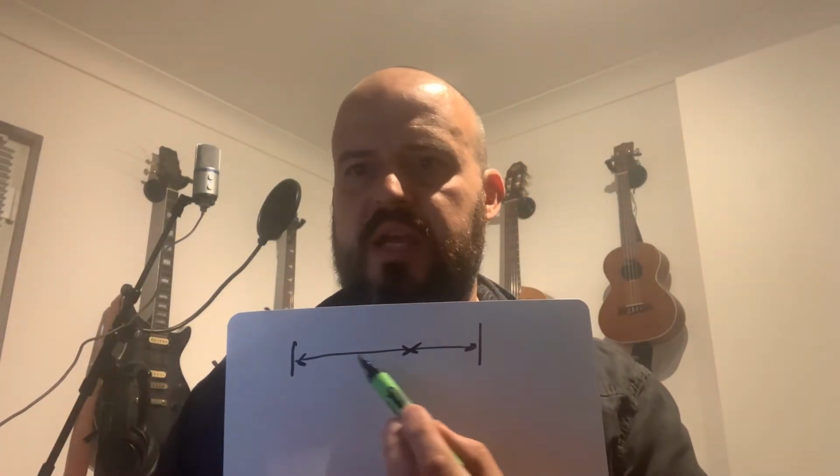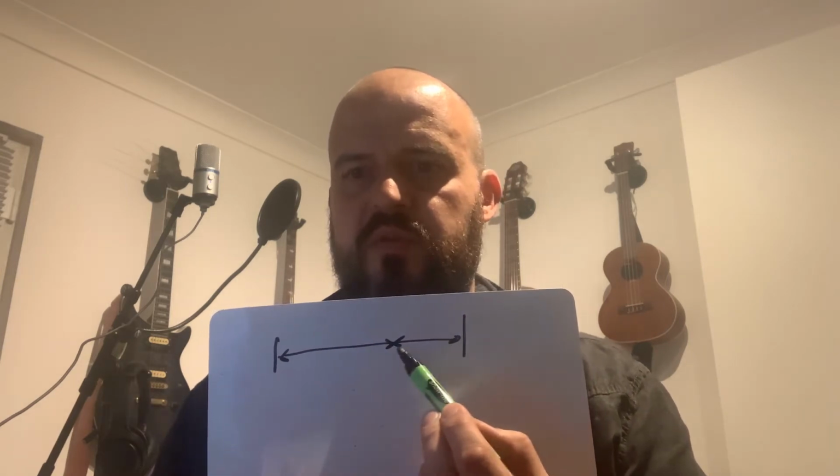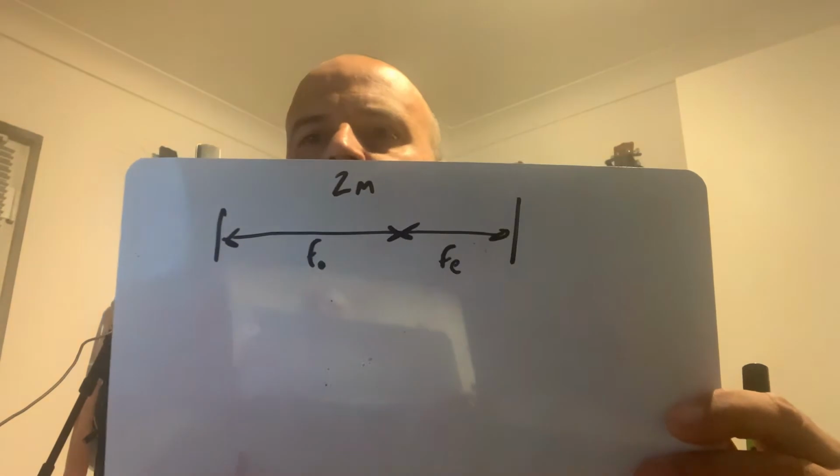So let me remind you that we've got 2 lenses, really cool drawing, and when the telescope is adjusted as it should be, the focal length of the objective plus the focal length of the eyepiece is that total length. So in this question we're told that the total length is 2 meters, and that's made up of these two, FO plus FE.